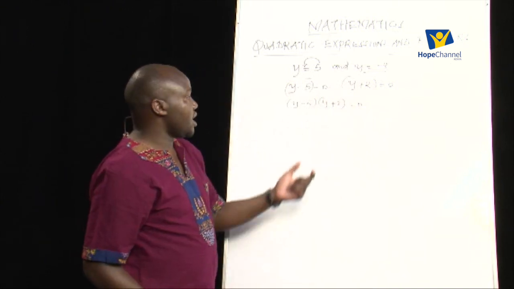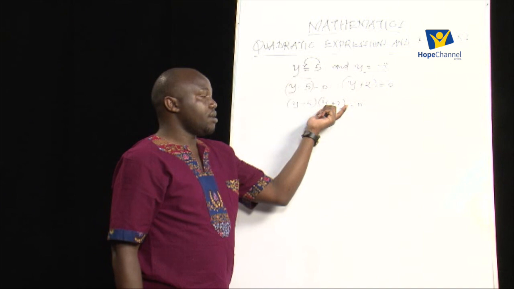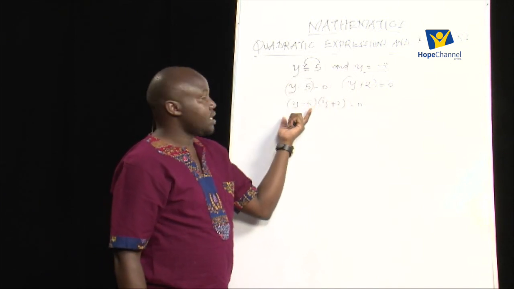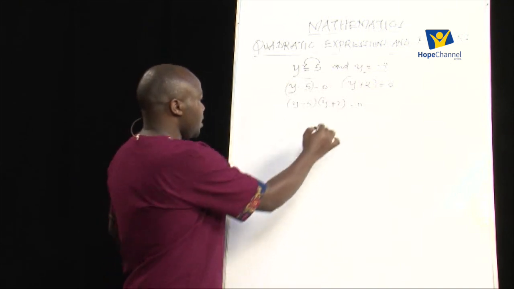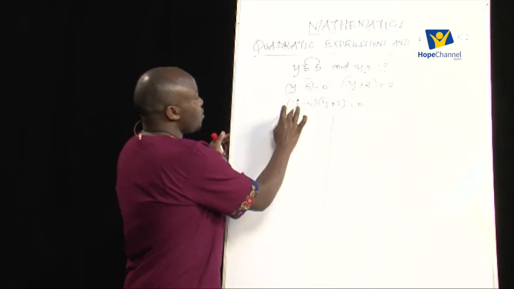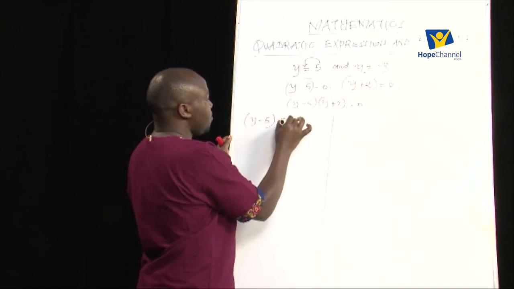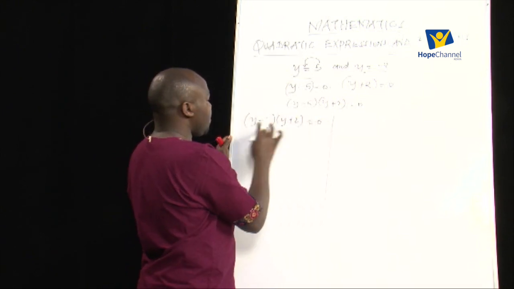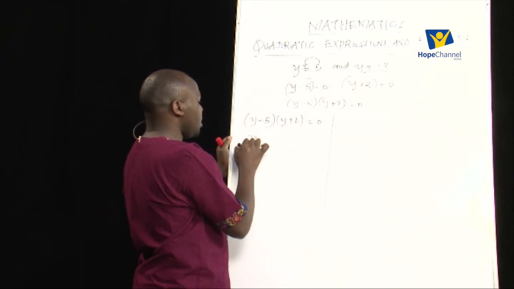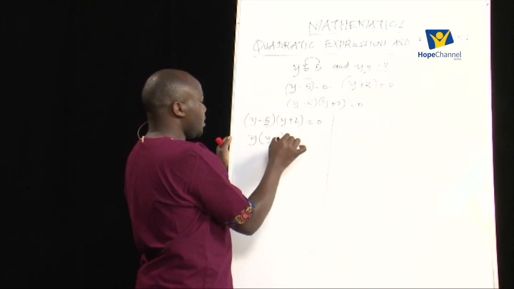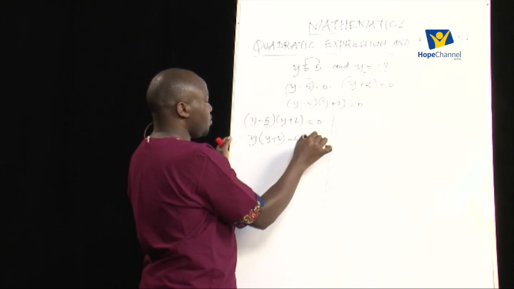You also remember I said that the first bracket can open the second bracket, as well as the second bracket can be used to open the first, under expansion. So I'm going to do both of them again. I have y minus 5 and y plus 2 is equal to 0. First bracket opens the second. So y, the first term, opens everything: y times y plus 2, then the second term is minus 5 into y plus 2.